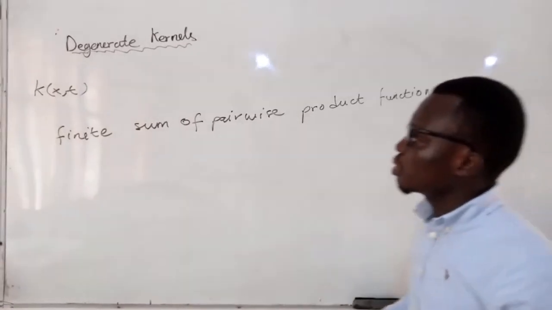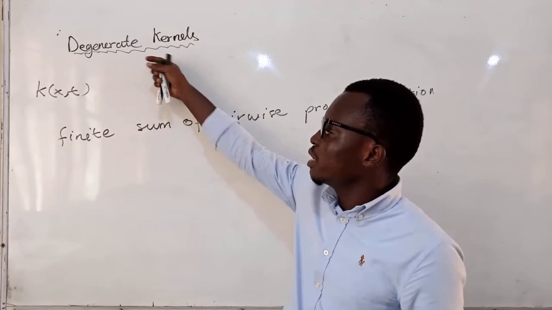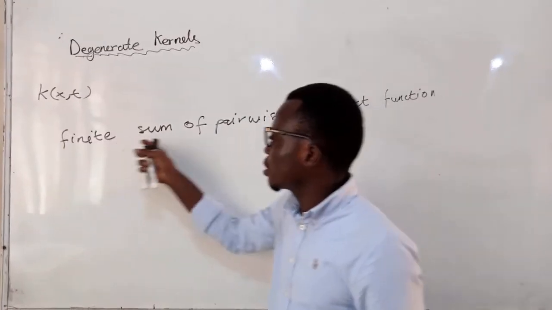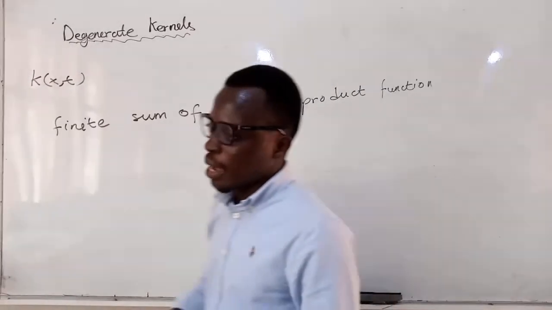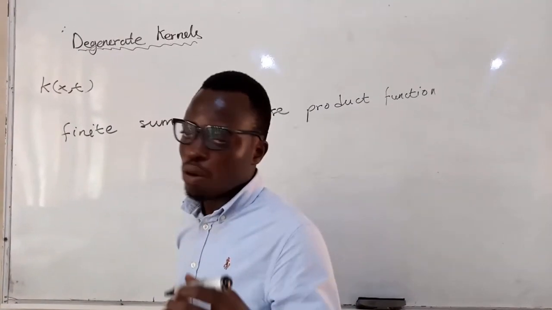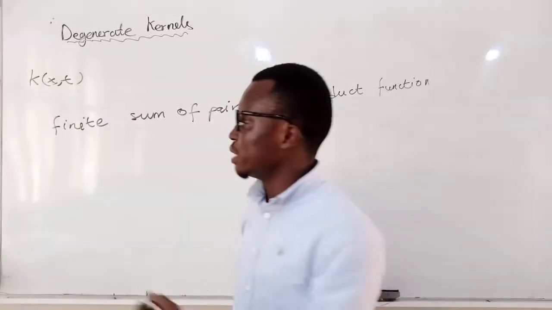I'm going to say that a kernel K of S,T is said to be degenerate if it can be represented in the form of a finite sum of pairwise product functions. That is, one function of only S and the other function of only T.